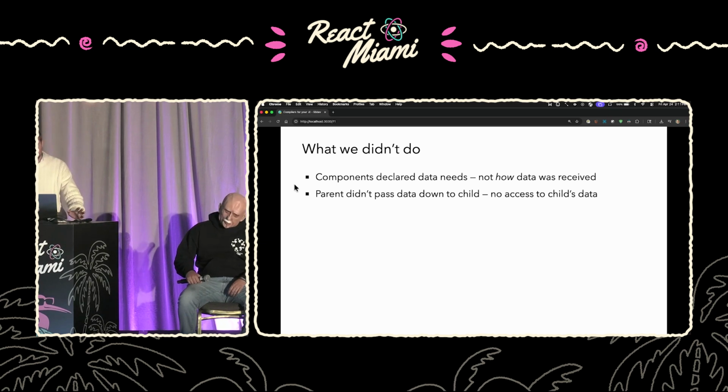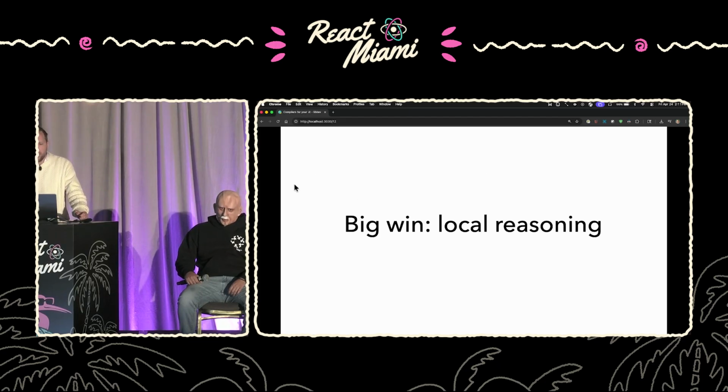Please, please. Now, the parent didn't pass any data down to the child. In fact, the parent had no access to the child's data. Now, to answer the gentleman's question of why we should care, you care because this isolation lets you reason locally. You can look at one component and understand it completely without thinking about the rest of the app.